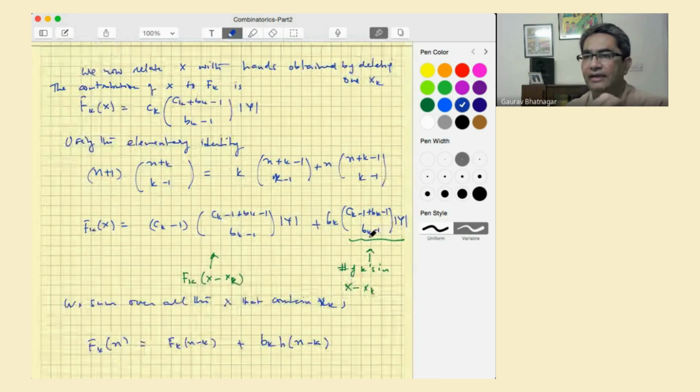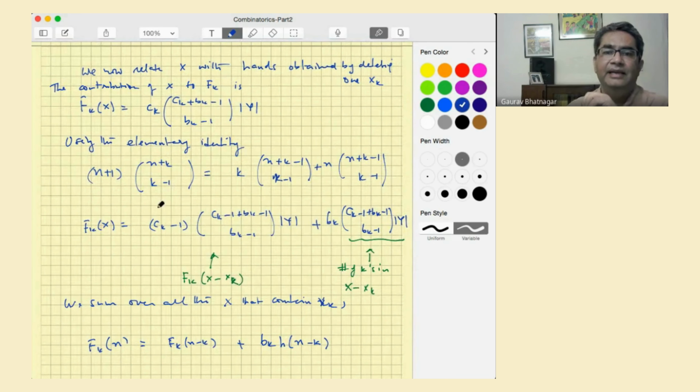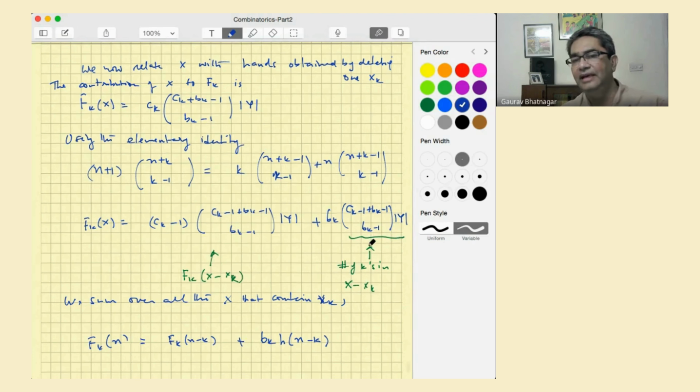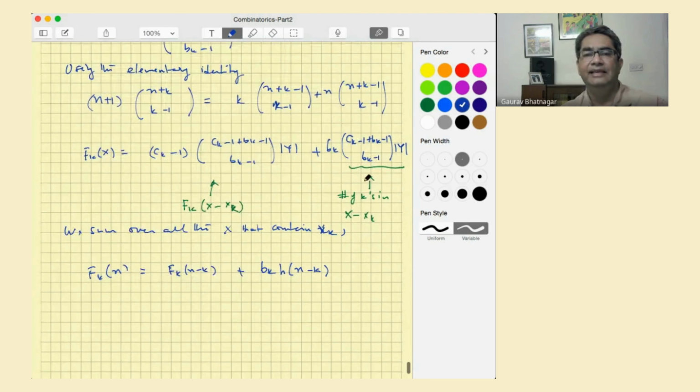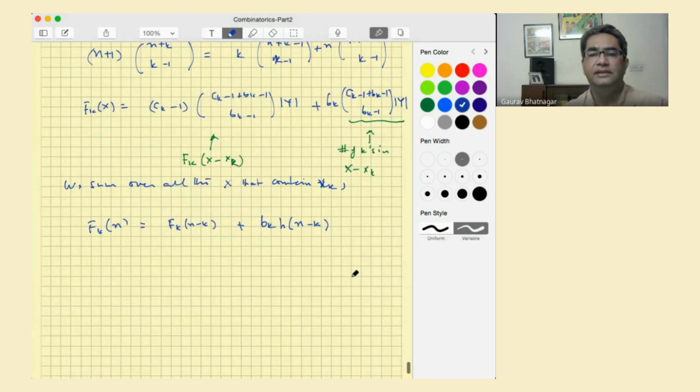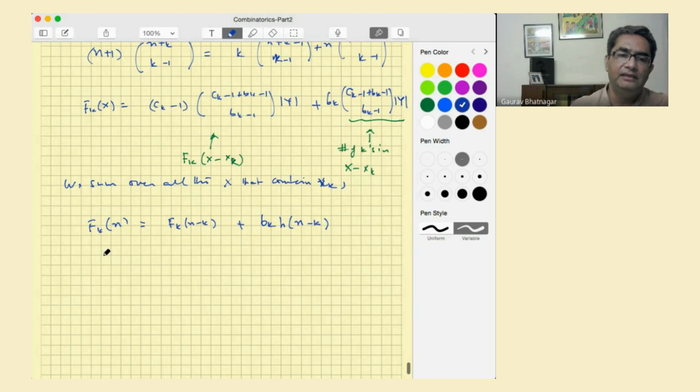Once we have deleted one of the xk, we get this relation for the remaining. So if we have something which has an xk, earlier we were deleting one xk, and now we are relating it to the previous guys. This chap is the same thing with that xk deleted, and this chap is the number of hands with one xk less. Then if we sum over all the hands that contain xk, we will get this business. So this proves it, and then the matrix is immediate.